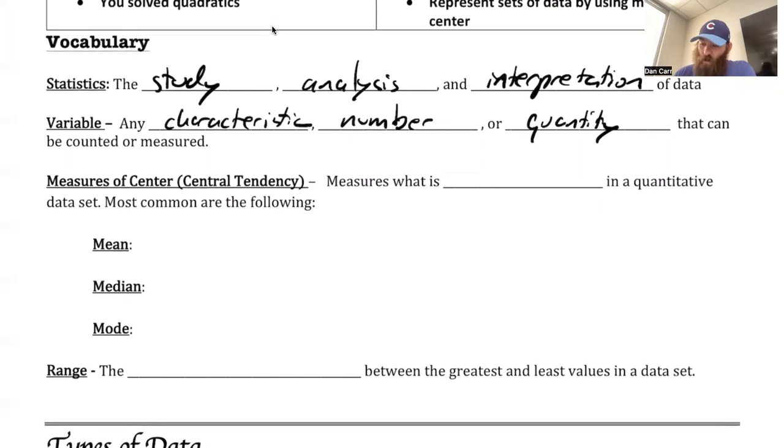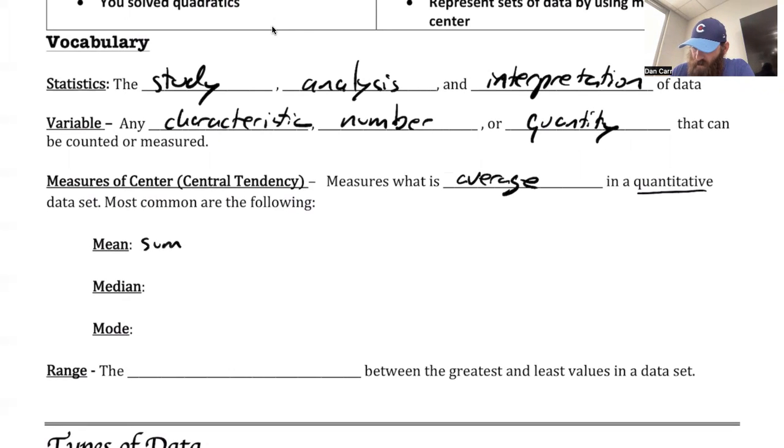The measures of center is what we're going to focus on in this first lesson. Measures of center are measures of what is average in a quantitative data set. We'll talk more about what a quantitative data set is in a little bit, but the most common are the three that we're going to look at here: mean, median, mode.